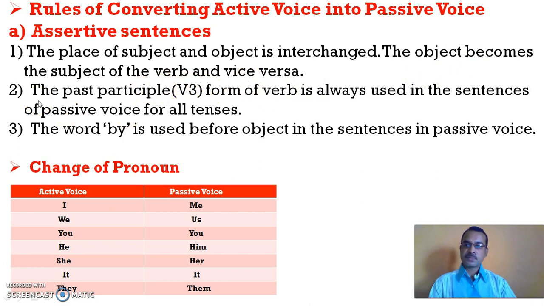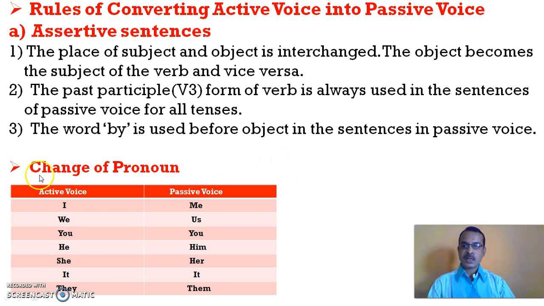In the second rule, the past participle, that is the V3 form of the verb, is always used in sentences of passive voice for all tenses, whether the tense is present, past, or future. This is one more important rule. And the third rule is the word by is used before the object in sentences in passive voice. So these are some of the rules of converting active to passive voice.